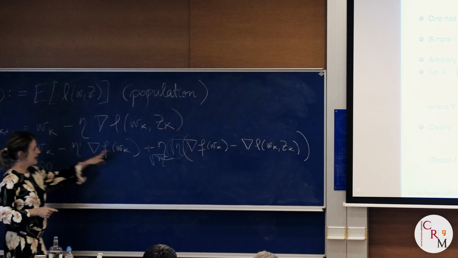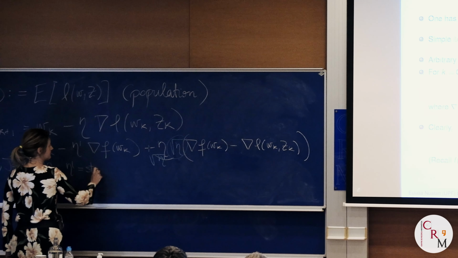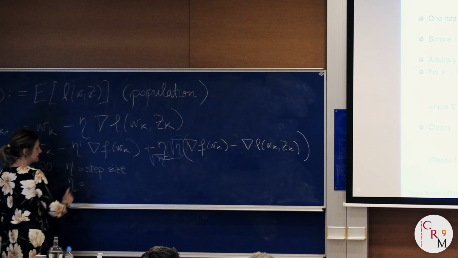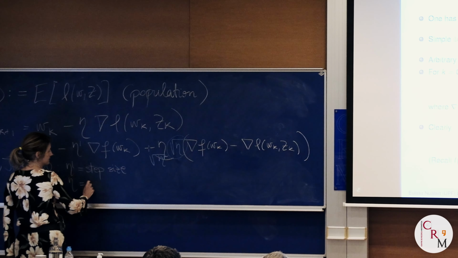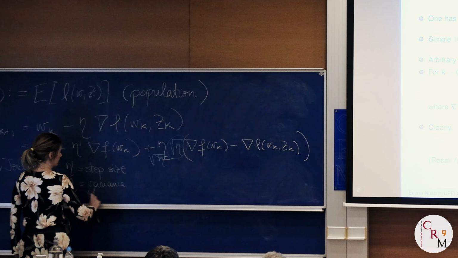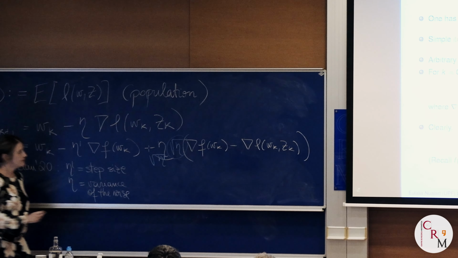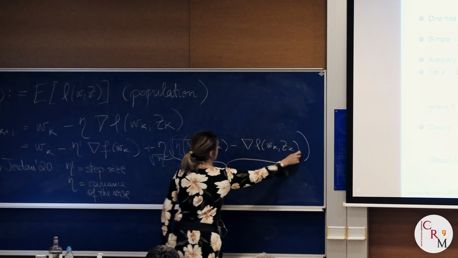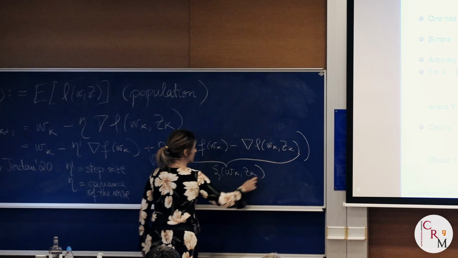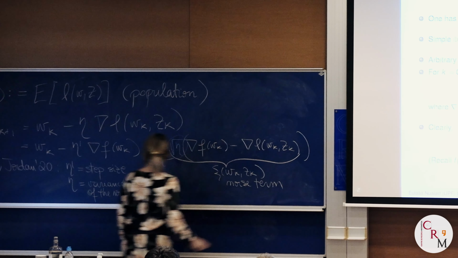So this now, eta prime is now the step size, and the eta is, let's say, the variance of the noise. Right, and you call this psi of W_k, Z_k. This is the noise term.